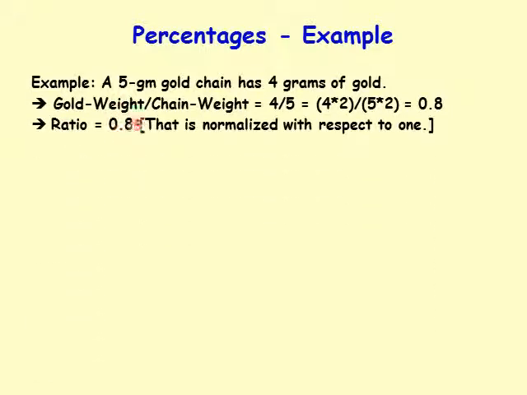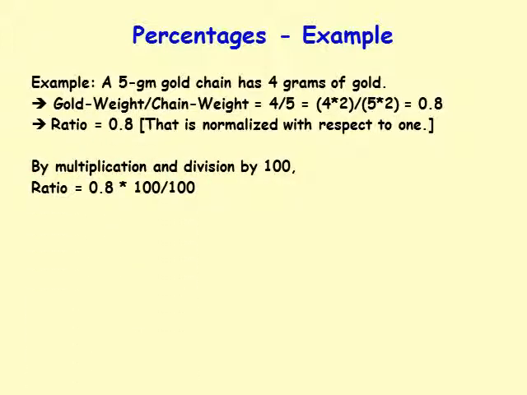The ratio is 0.8, and that is normalized with respect to 1. We did not do any normalization here. Ratios are always with respect to 1. Now we're going to multiply and divide by 100. So the ratio is 0.8 times 100 divided by 100.